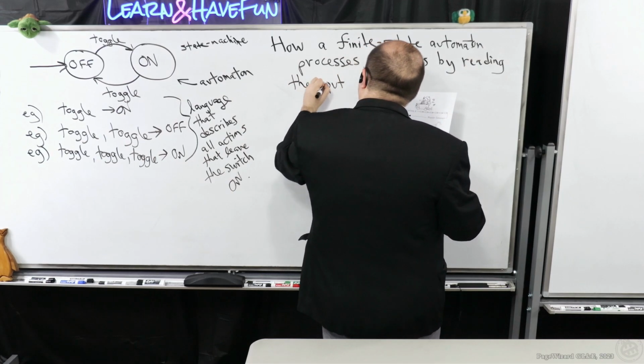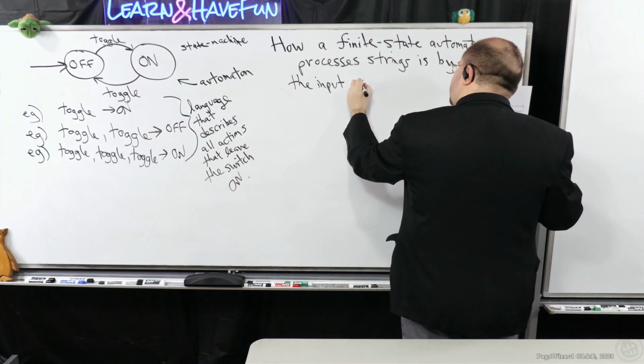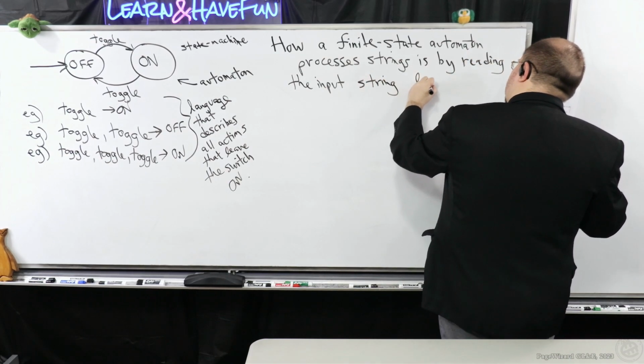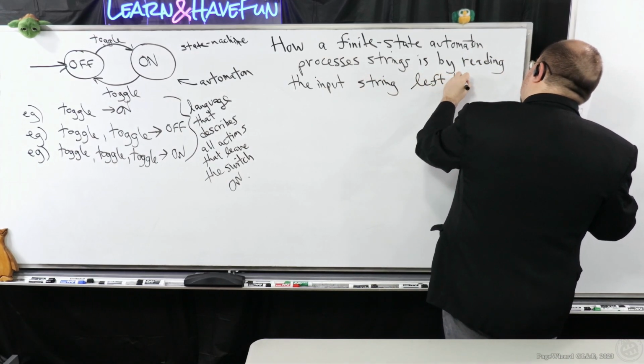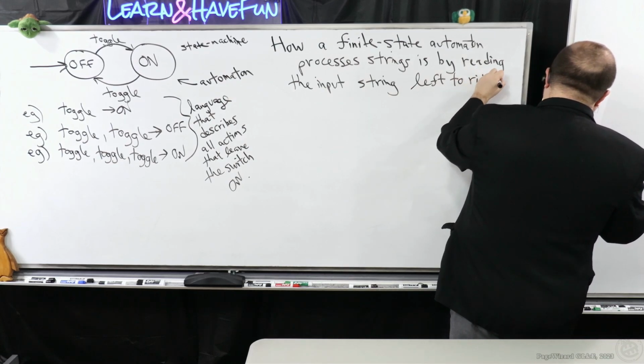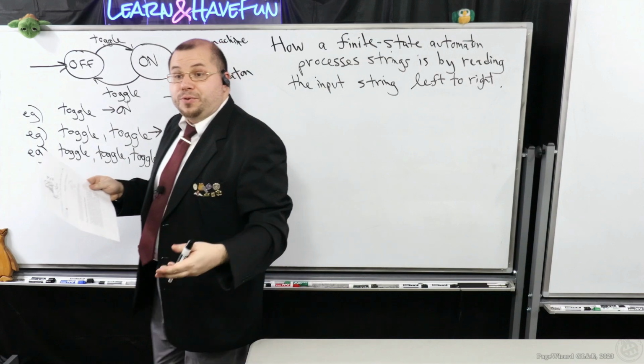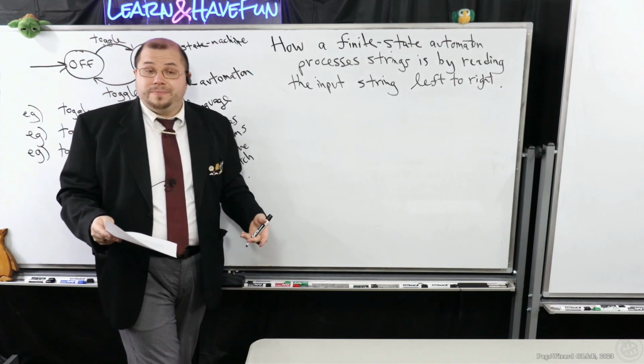This is the convention we're going to pick up, is reading the input string left to right. Left to right. So you're going to imagine you have some input that's provided to this machine.